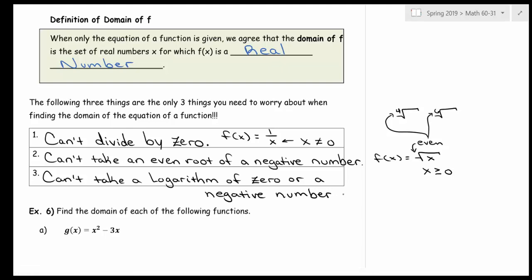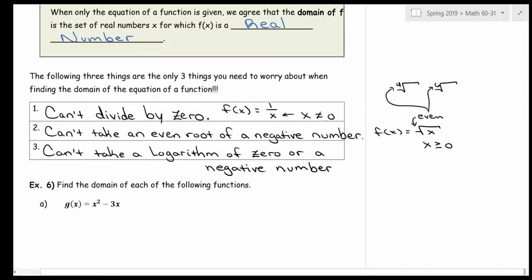I know that in my class that I'm teaching right now, we are not going to be working with logarithms, but if you go on to a higher level math class, then in some classes you will have to worry about logarithms. So I'm not going to give any examples for that one, but that's only for in the future. Some people might need to worry about that case if you are working with logarithms, but that's not going to be the case in my class that I'm teaching right now.